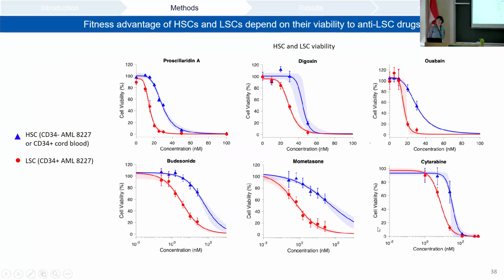When do you measure the viability and how? The viability was measured in vitro. What they did is that they apply a treatment on the Petri dish and they waited for 6 days.